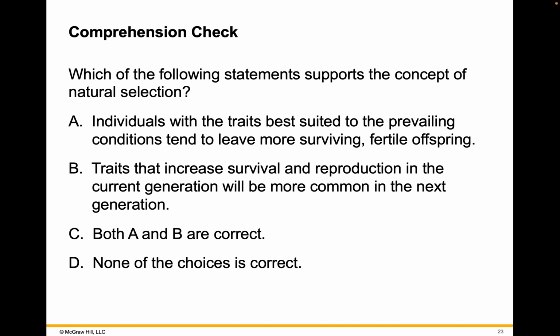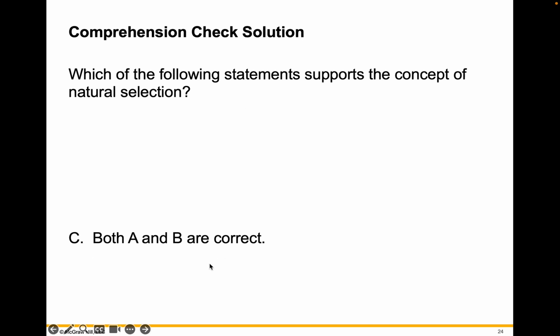All right, so let's do a comprehension check here. Which of the following statements supports the concept of natural selection? A: Individuals with traits best suited to the prevailing conditions tend to leave more surviving and fertile offspring. B: Traits that increase survival and reproduction in the current generation will be more common in the next generation. C: A and B, or none.